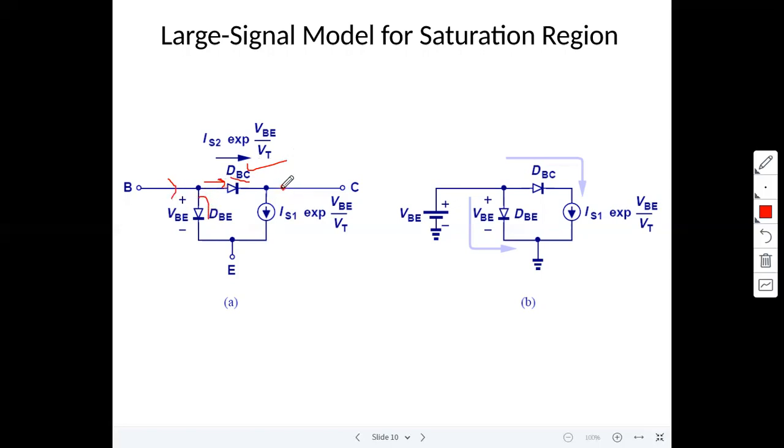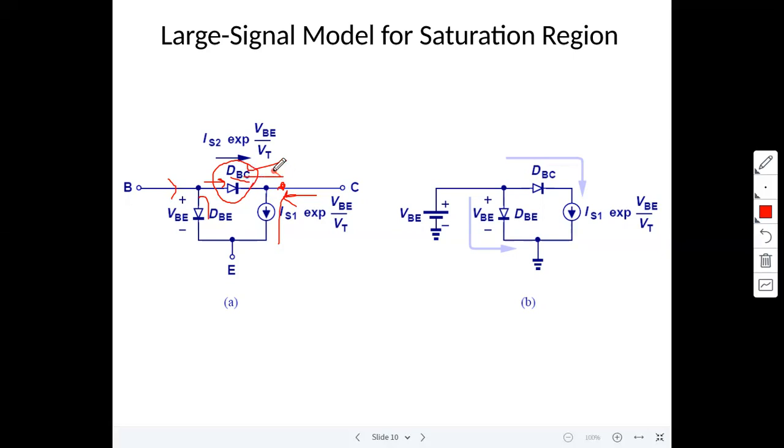Then what about collector current here? Collector current flows in this direction. Previously, entire collector current flows in this direction only. But due to the diode DBC, where D indicates diode, B and C indicate base and collector, the collector base junction diode is in forward bias.